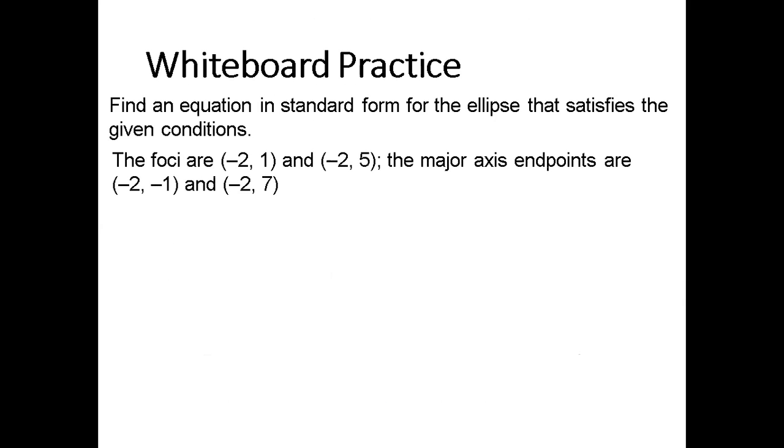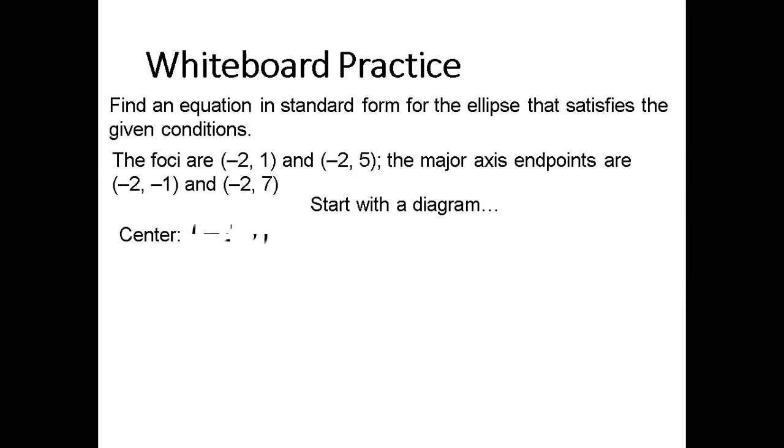Okay, let's have another one. Find an equation in standard form for the ellipse that satisfies the given conditions. The foci are negative 2, 1 and negative 2, 5. The major axis endpoints are negative 2, negative 1 and negative 2, 7. Let's present the answer.